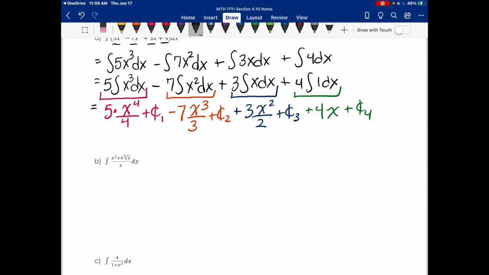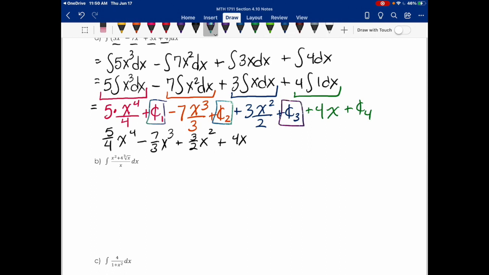Now, when I clean this up, I don't have any like terms. All of my x's have different exponents. So I'm going to write this as 5/4 x to the fourth minus 7/3 x to the third plus 3/2 x squared plus 4x.